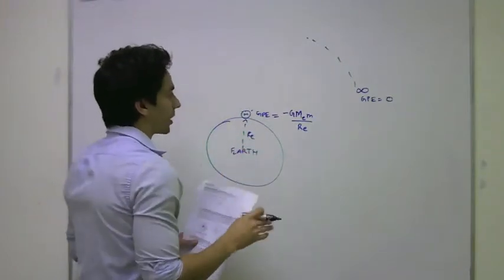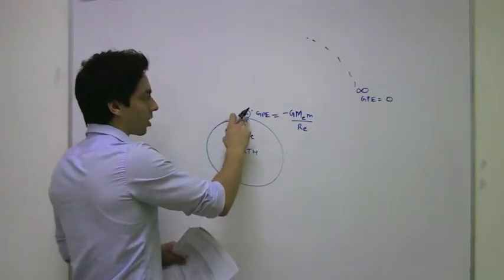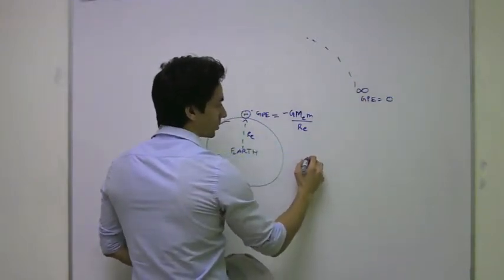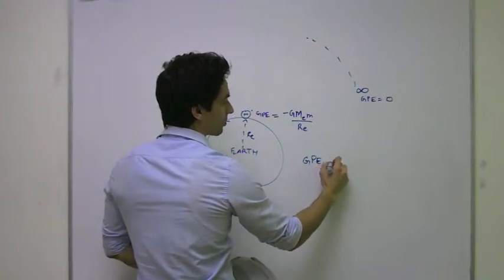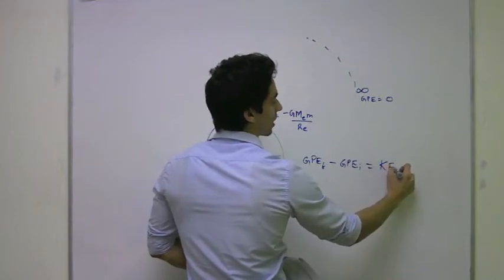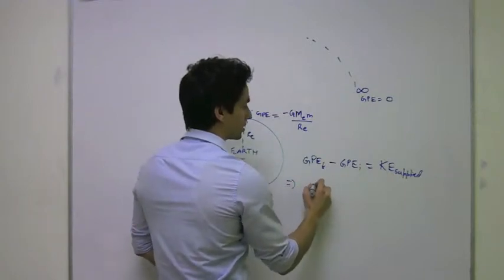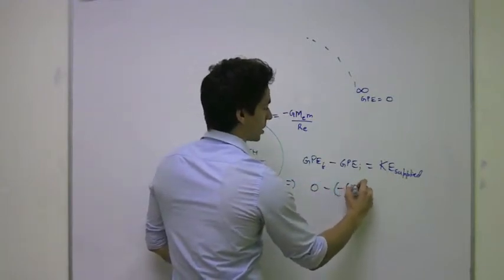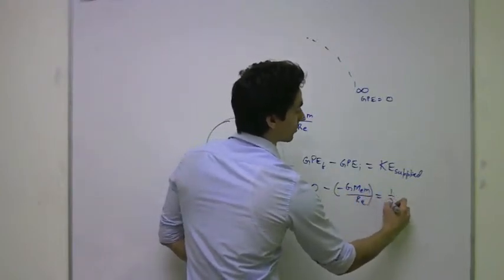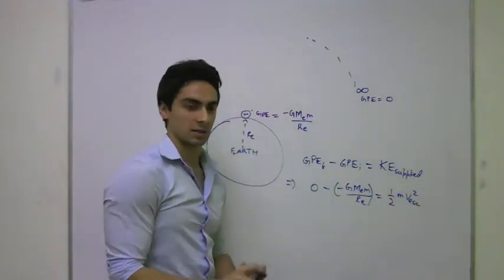Okay, so now I need to supply enough kinetic energy to this object so that it can overcome this potential gap, right? So the final gravitational potential energy minus the initial gravitational potential energy should be equal to the kinetic energy supplied. So 0 minus (minus GMe m over Re) equals half m v escape squared, where v escape is the escape velocity.